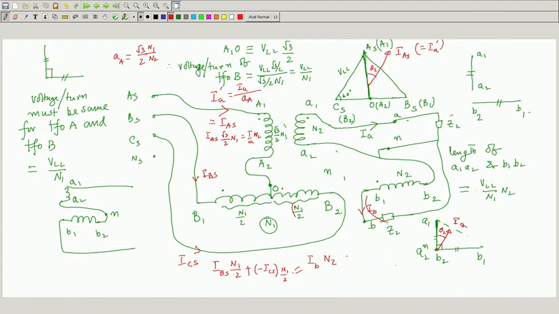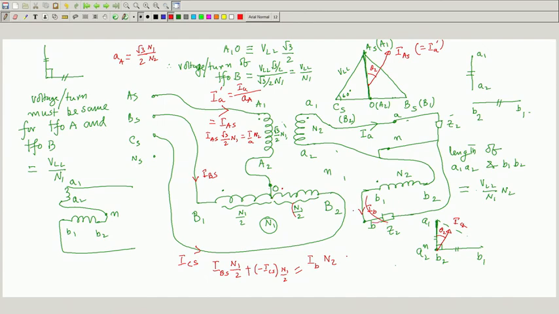See, this is crucial. Secondary MMF: through the dot, I_B current is coming out. So I_B into N2, this is the direction of I_B I have assumed.